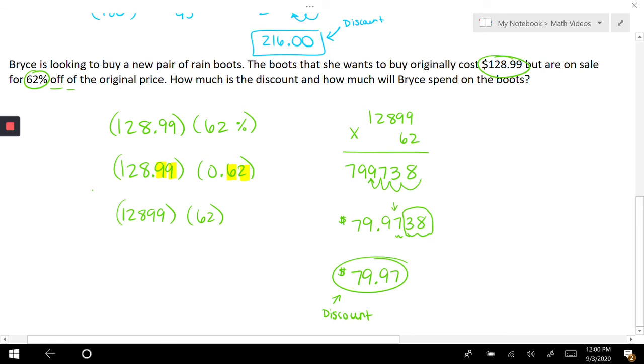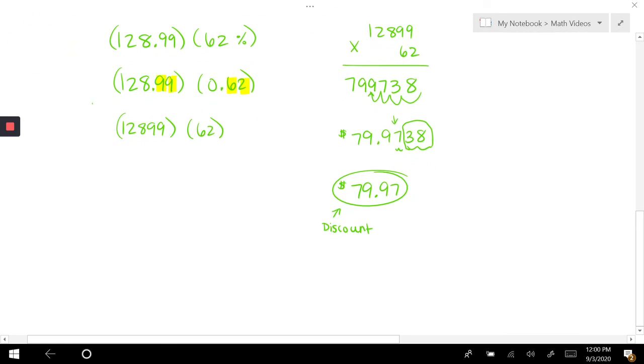And then your last step, as always, is going to be to subtract the discount off of the price. And the price had been $128.99. And I'm subtracting off $79.97. So $128.99 minus $79.97 is going to get you $49.02.